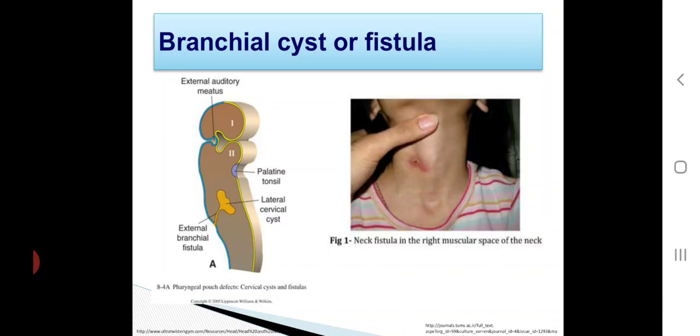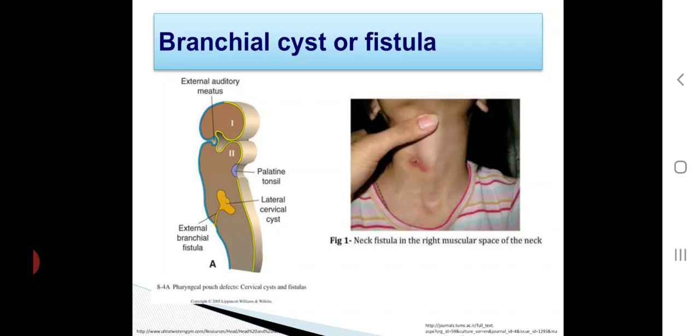If any remnant of this cervical sinus is present, then it will give rise to the adult branchial sinus or the branchial fistula. In the picture you can see, it will not be a midline swelling or midline fistula. It will be on the sides of the midline. That may give you a clue that it may be a branchial cyst or a branchial fistula.